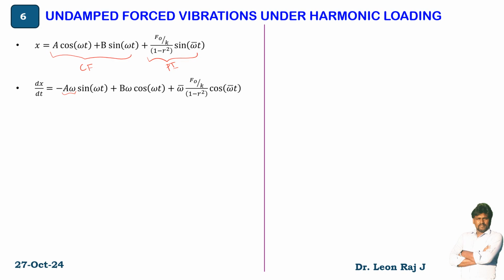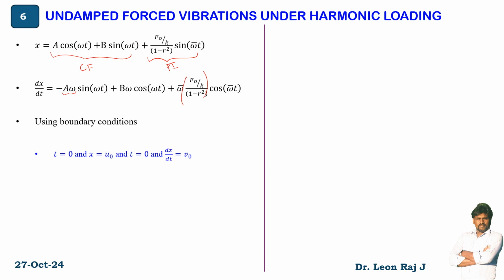The derivative of b sin omega t is b omega cos omega t. We are taking the omega out, and the differential of sine is cos, and the differential of cos is minus sine. Then we differentiate sin omega bar t as omega bar into the constant terms into cos omega bar t.